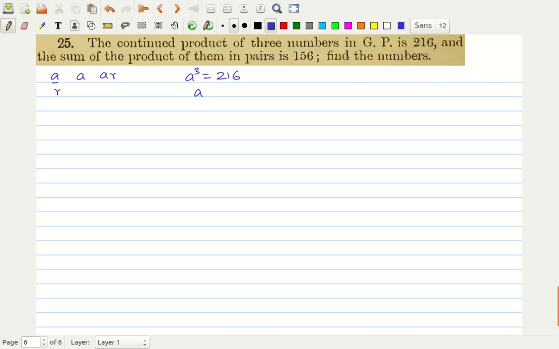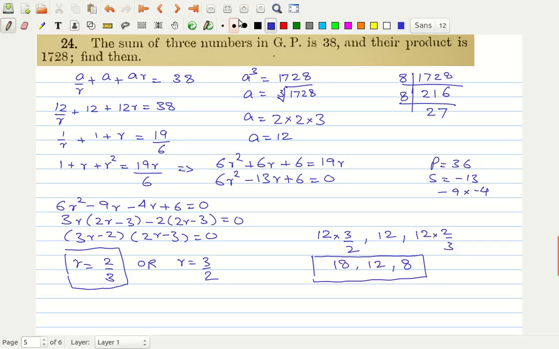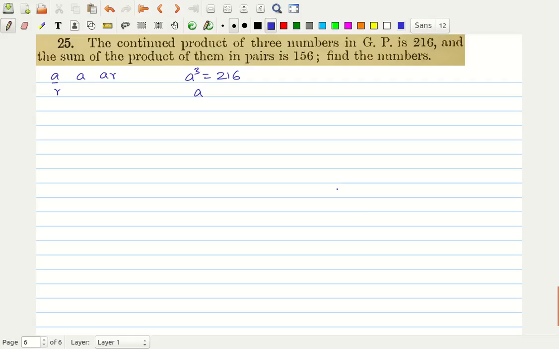We have already found that the cube root of 216 is going to be 2 times 3. So A is equal to 6. Okay. Now we know that our numbers are going to be 6 by R, 6 and 6R. Now what is the other information given?